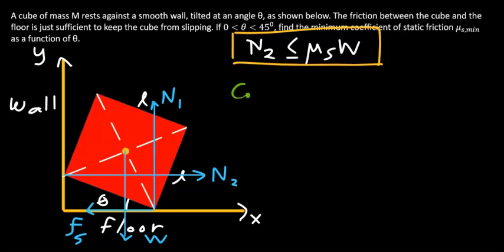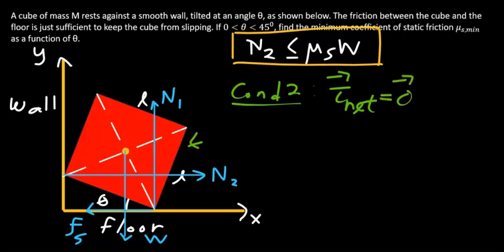Now let's turn to condition 2 of static equilibrium that says the net torque evaluated about any point acting on this body is also 0. Since we are free to choose the point about which to evaluate the torque, we shall attach that point here. So we shall create an axis about which we want to calculate the net torque at the point of contact between the cube and the floor.